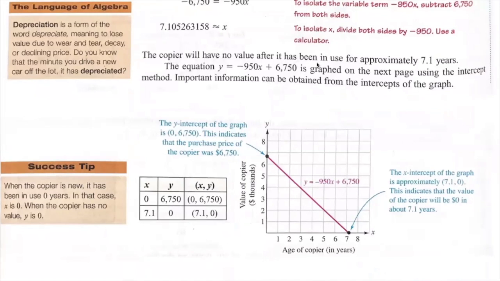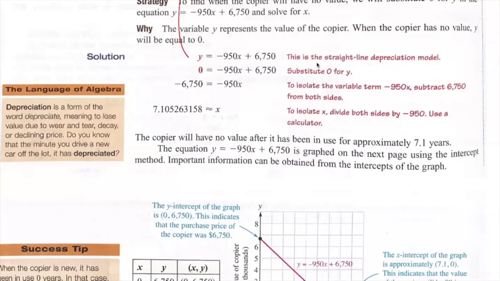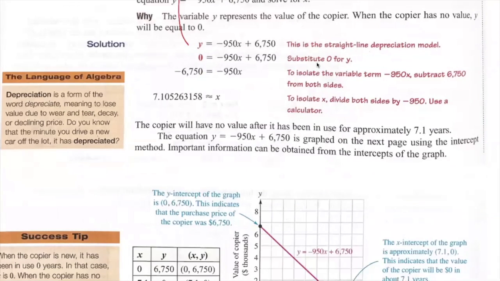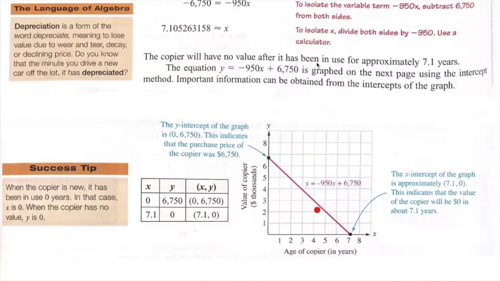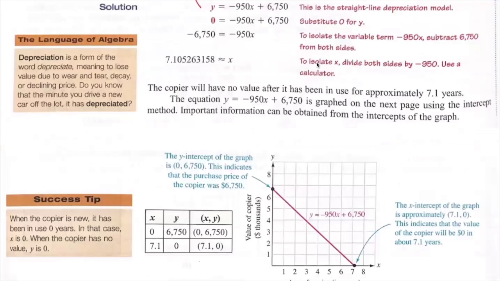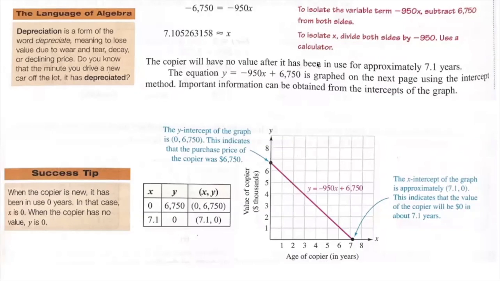Then when Y equals 0, which means the copier has no value, we find that the corresponding number of years is about 7.1. So this segment is the graph of this equation when the time X is between 0 and 7.1. This x-intercept corresponds to the number of years until the copier has no value, and the y-intercept corresponds to the brand new value of the copier, or the purchase price.